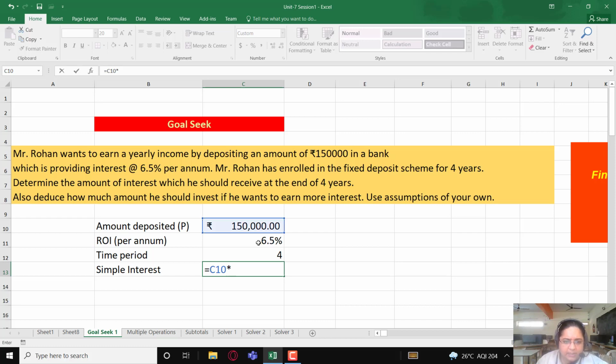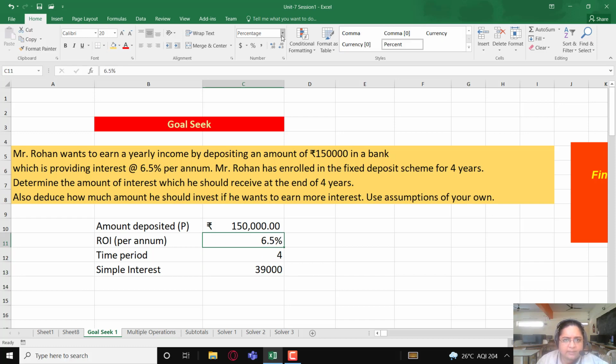We can simply multiply all the three. And a shorter way to understand this is I'm just going to save it as number, and you can now see how it is 0.065. Okay, so if you multiply it by 100, it will give you 6.5, so it is already divided by 100.